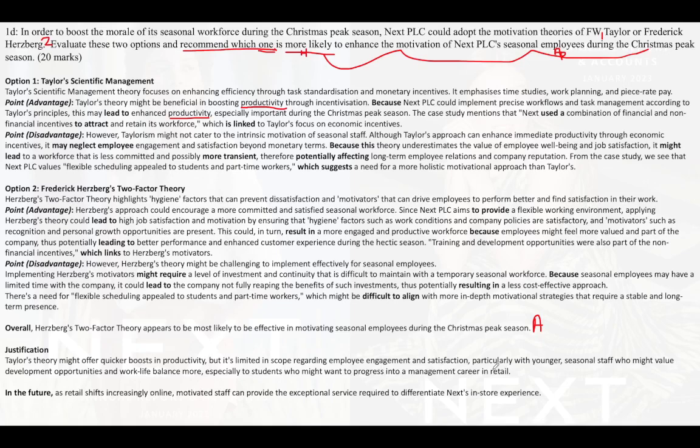So our conclusion is this is the best one at motivating staff. This is why it's better than Taylor, and this is why motivated staff are useful to Next. And there's a bit of context there because we've used something that we've not used in the answer, which is increasingly online. So you will notice the answer does not mention Maslow, Mayo or McGregor.